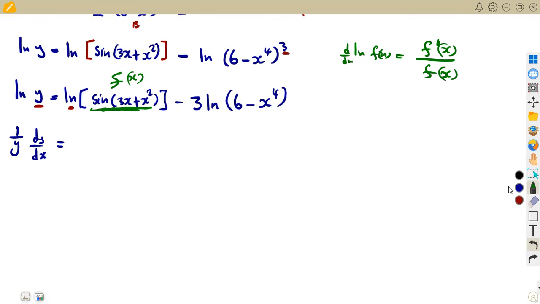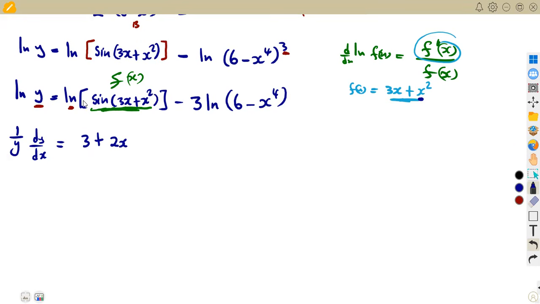So we are saying our f of x inside there is 3x plus x squared, and we need its derivative. The derivative of 3x is going to give us 3, plus the derivative of x squared, which is going to give us 2x.